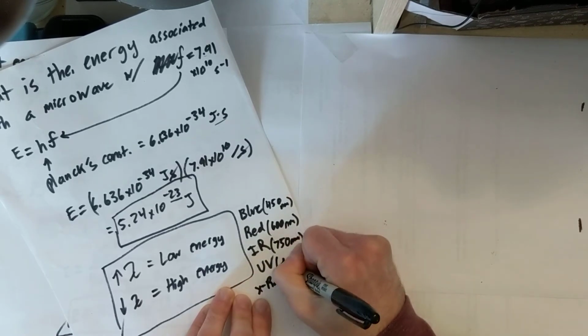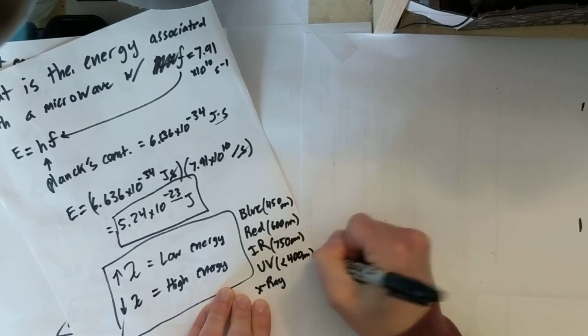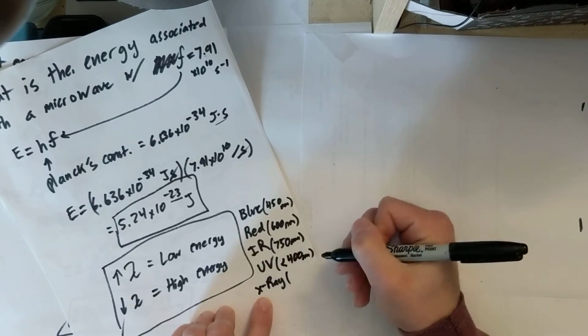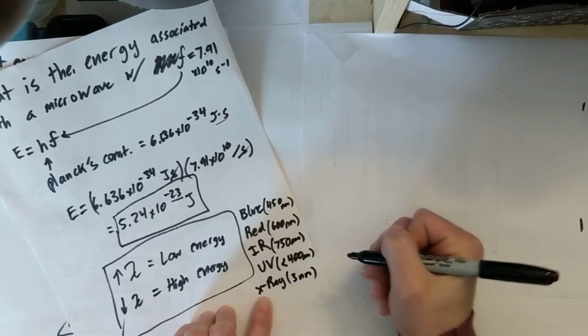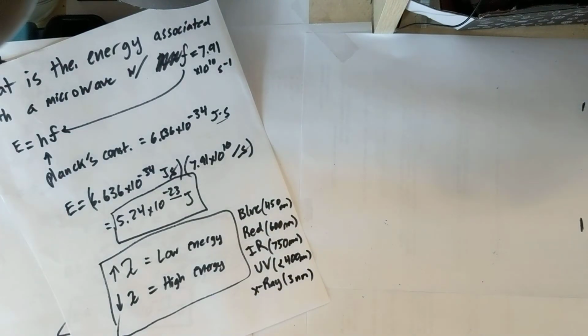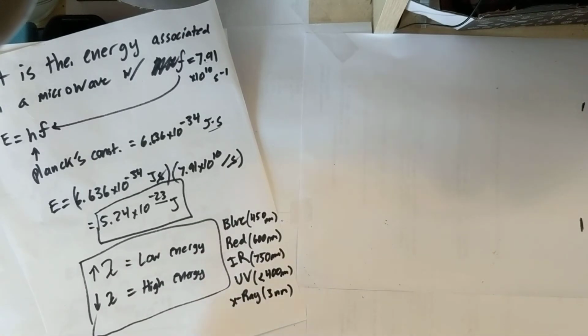UV is less than 380 or 400 nanometers. And X-rays are way, way less. I think these X-rays are about 3 nanometers or so in wavelength. So if we were to rank these based on their wavelength, we would say which color, right, color in quotes, because some of these we can't see, but which wavelength has the highest energy, it would be X-rays.